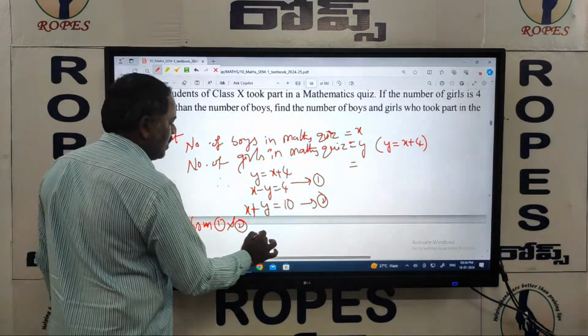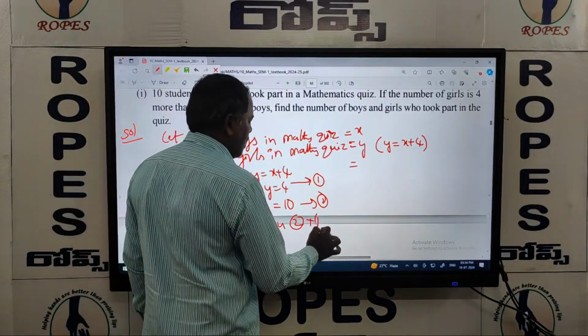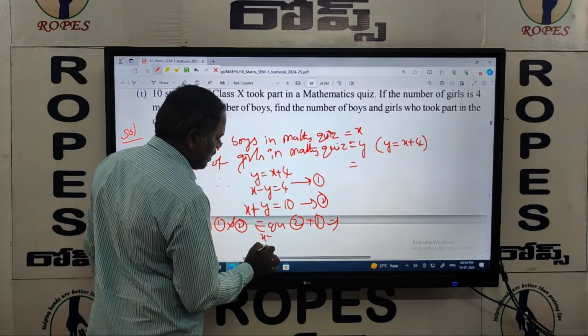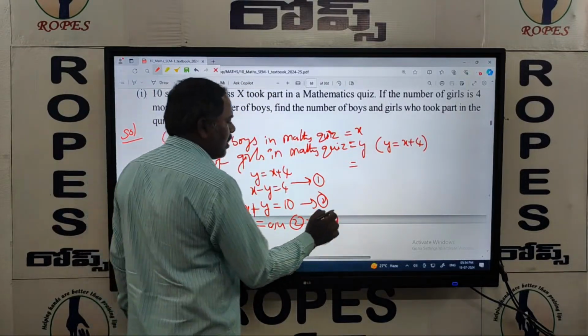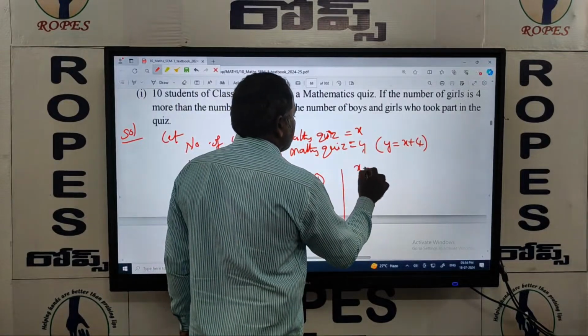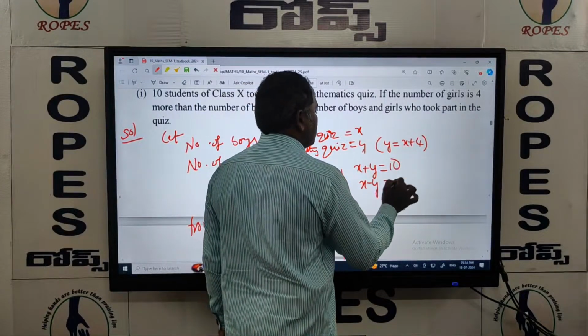Adding equation 2 plus 1, X plus Y is equal to 10 and X minus Y is equal to 4.